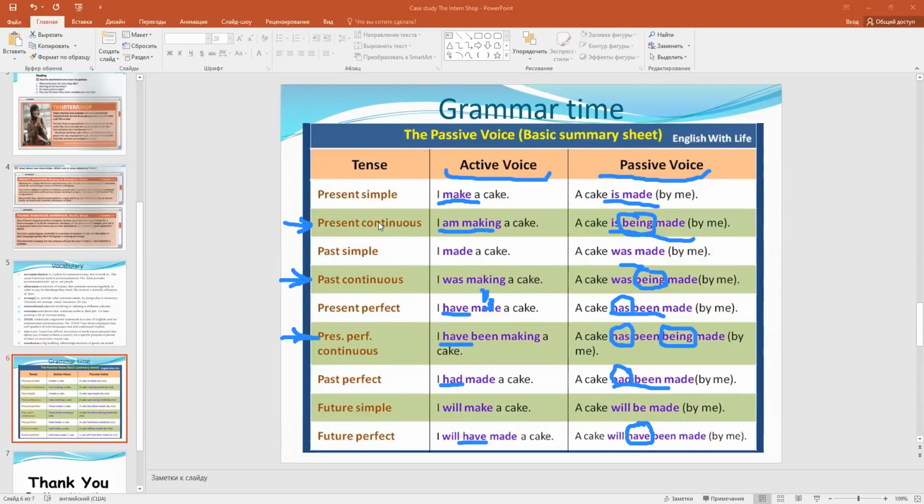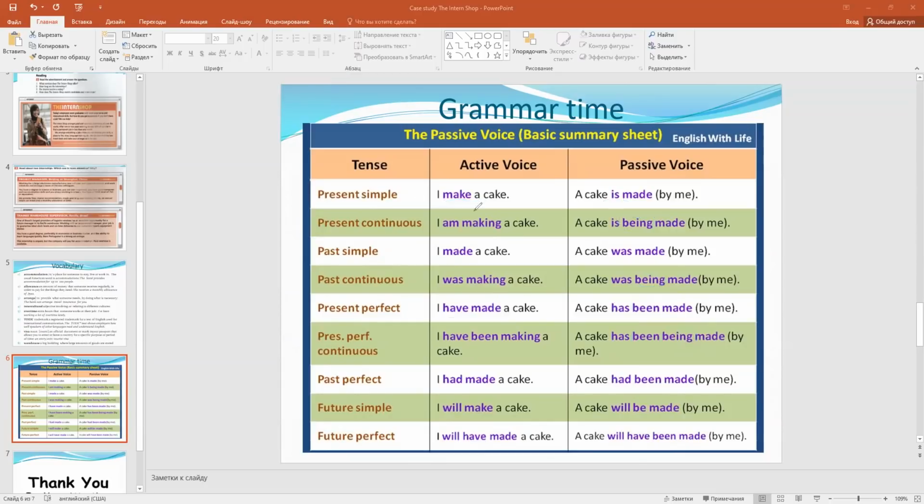So, demek yangi uylar qurilyapti. Who can translate? Yangi uylar, new buildings are being built. Can you repeat? I didn't catch. New houses.